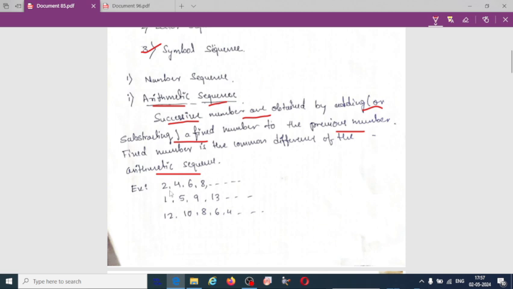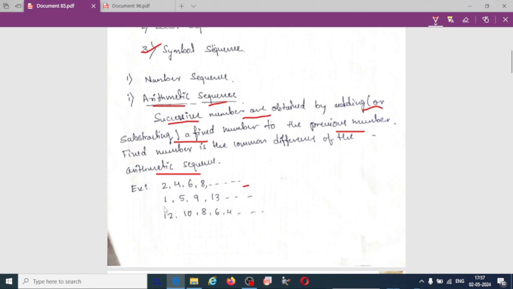Take 2, 4, 6, 8. Here 4 minus 2 is 2, 6 minus 4 is 2, 8 minus 6 is 2. So the difference is the same, 2.